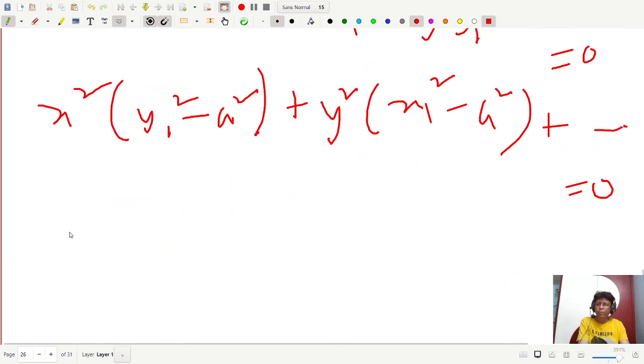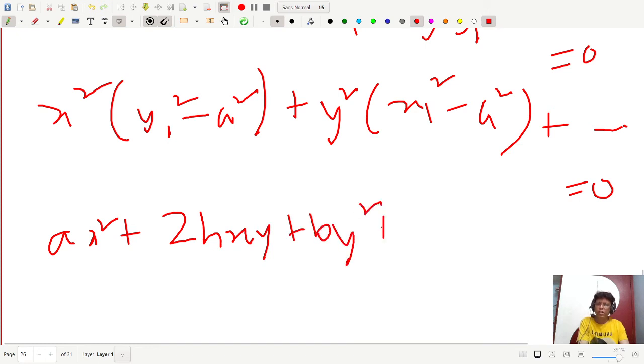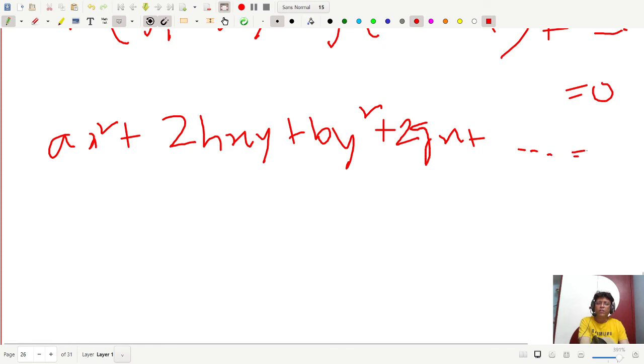You must remember that your pair of straight lines will be of the form ax squared plus 2hxy plus by squared, and it can pass through the origin, or it can have 2gx, 2fy terms. Comparing with this, the lines will be perpendicular if and only if a plus b equals 0, right?